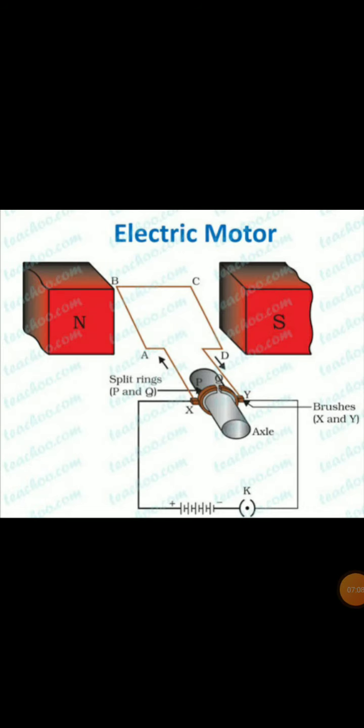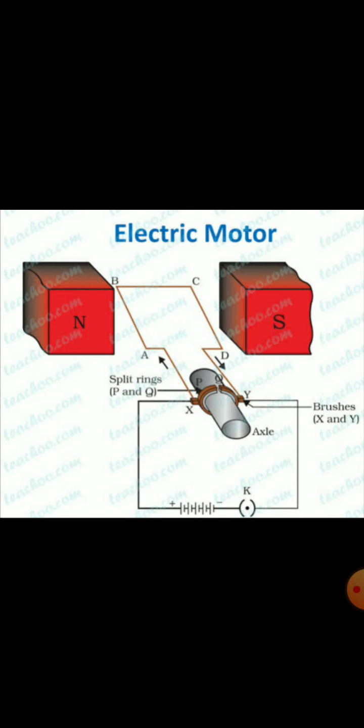Now, if we talk about the inner sides of this split ring, inside this split ring, the parts are insulated and attached to an axle. You can see axle is written. What is an axle? From the figure itself, we can clearly make it out. An axle is a rod which turns and which is helpful for rotation.